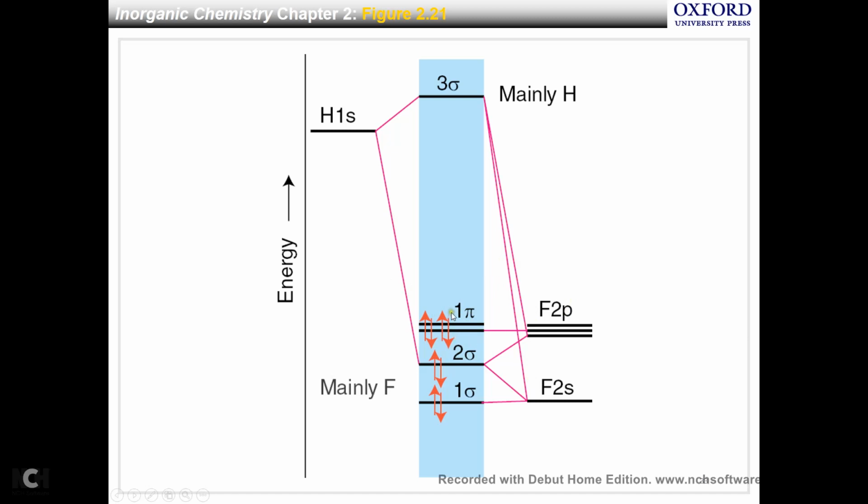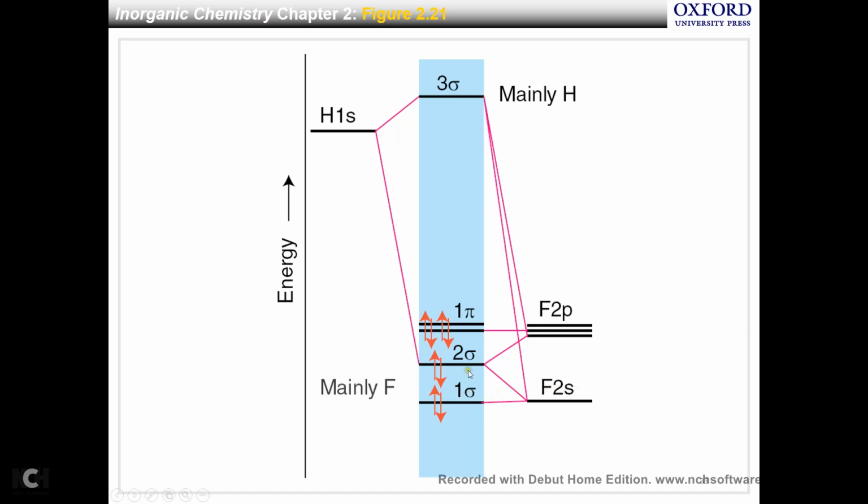And again, when you have 1s interact with 2pz here, you form two MOs, sigma and sigma star, bonding and anti-bonding. And then I would say ignore the red lines. Again, the red lines are making the picture more complicated. Just think of this 2 sigma interacting with this 2s, or this 1 sigma is essentially the 2s orbital of fluorine.